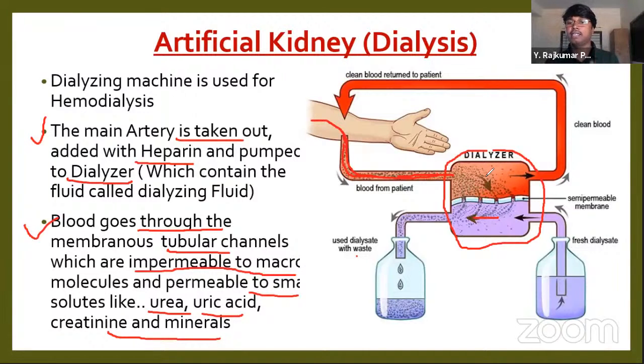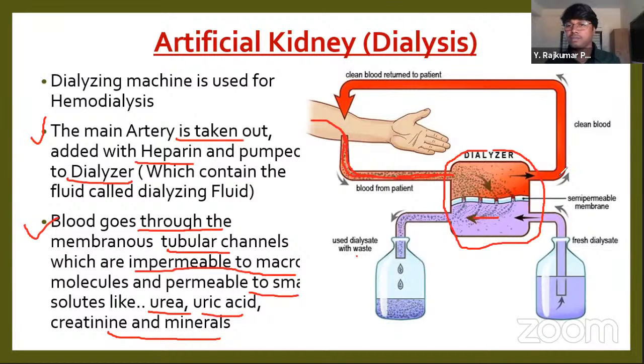What does it contain? Blood contains nitrogenous waste like urea, uric acid, creatinine, and minerals, and it also contains the blood cells, which are RBC, WBC, and thrombocytes. These RBC, WBC, thrombocytes and other macromolecules are not filtered, only the waste materials get filtered.